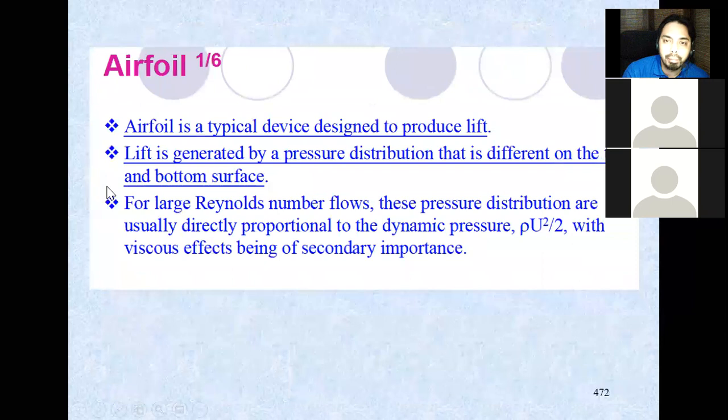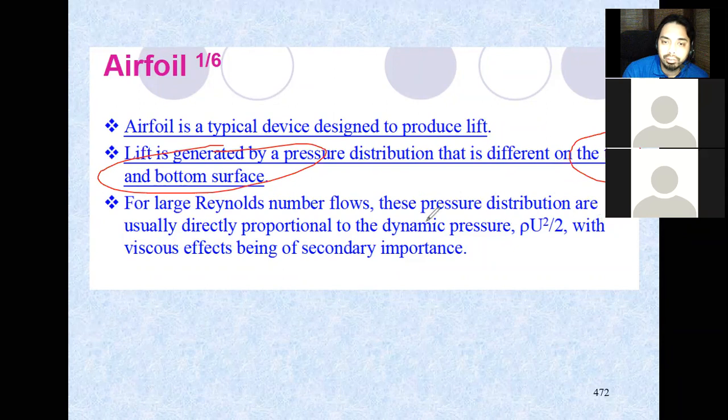One device used to create lift is the airfoil. It produces lift, which is generated by the pressure distribution on the top and bottom of the surface. For large Reynolds number flow, this pressure distribution is proportional to rho U squared over 2, and the viscous effect is not really important.